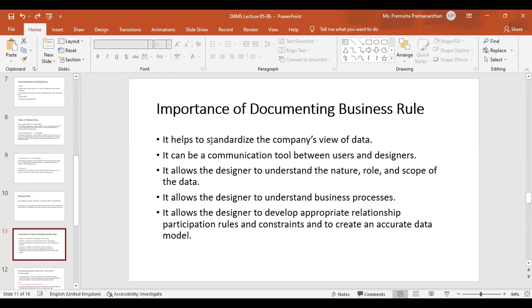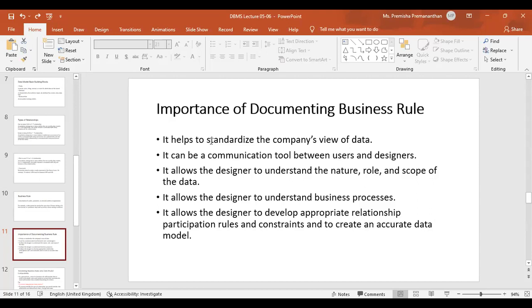In that scenario, not assigning more than 10 hours to a pilot within 24 hours is the business rule. If that rule isn't documented properly, the schedule may be affected, right? And the third thing is, it allows the designer to understand the nature, role and scope of the data.